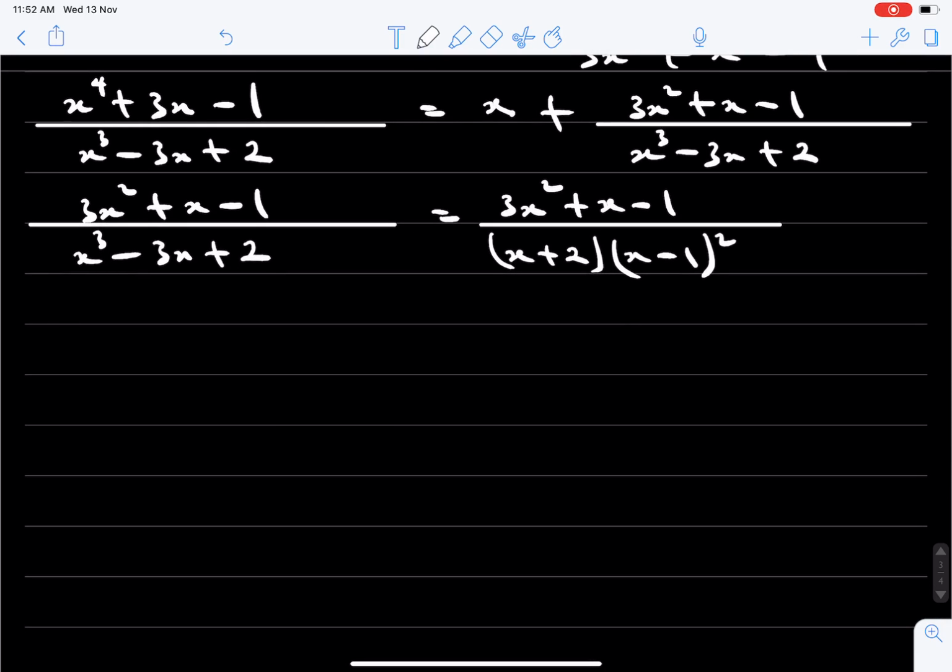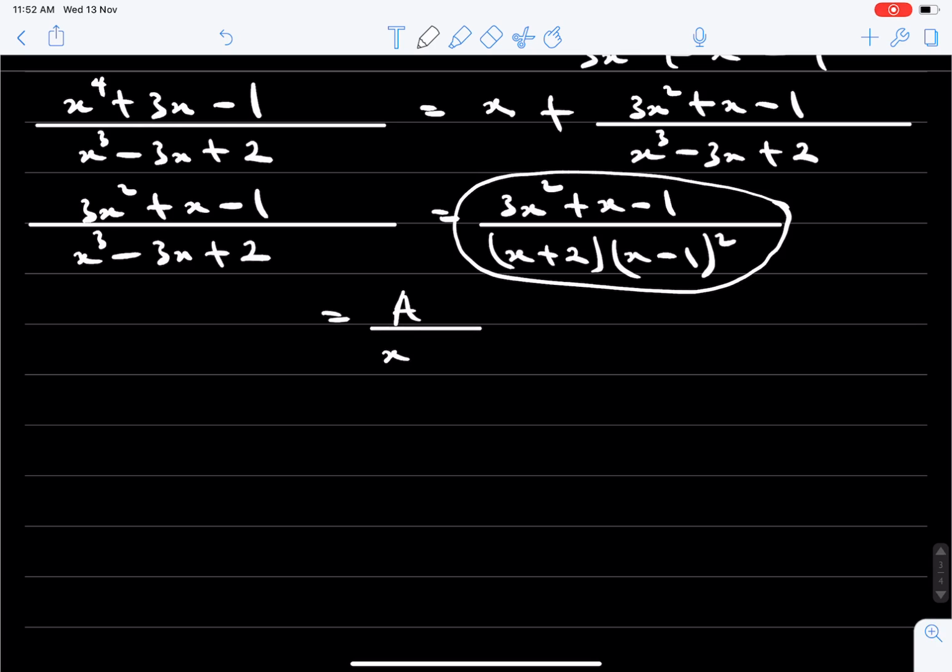Now I'm splitting this into partial fractions. That is A over x plus 2, plus, since x minus 1 squared is a repeated linear factor, it will have two partial fractions: B over x minus 1 plus C over x minus 1 squared.